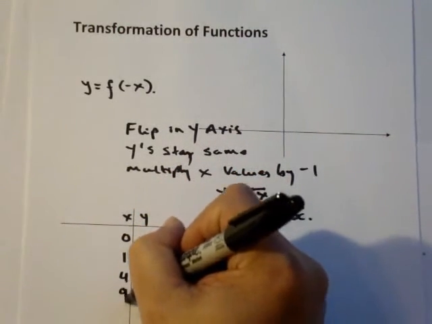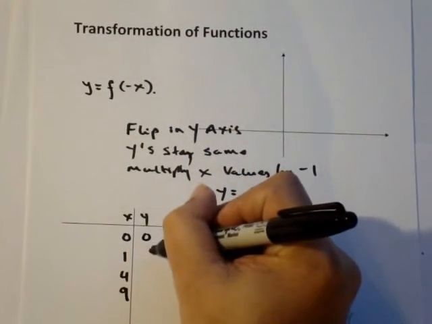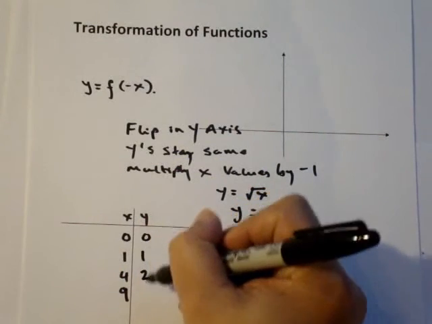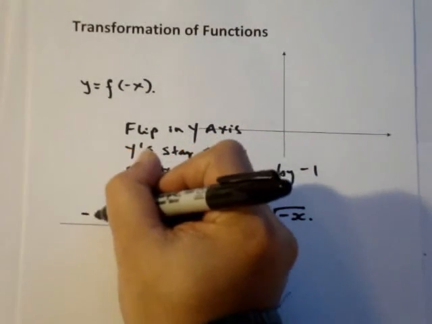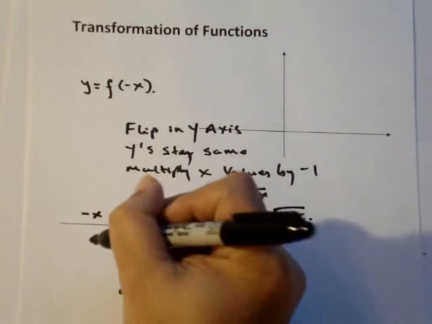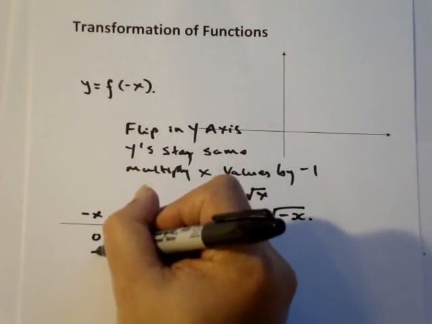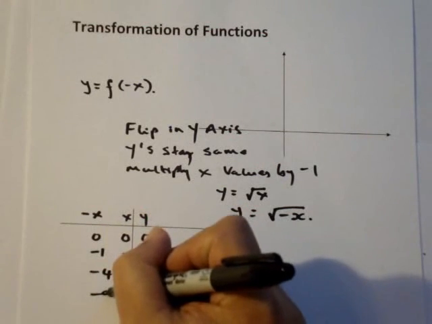Let's choose numbers that we can get the square root of easily. So this would be 0, 1, the square root of 4 is 2, the square root of 9 is 3. Then we multiply the x by minus 1, and we get minus x. So that would be 0, minus 1, minus 4, minus 9.